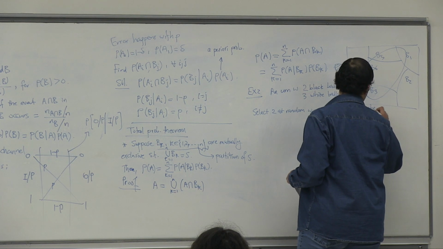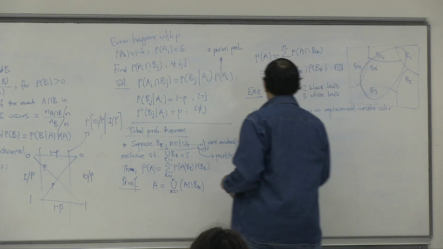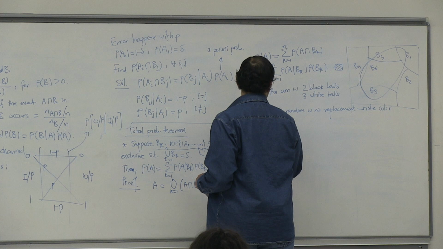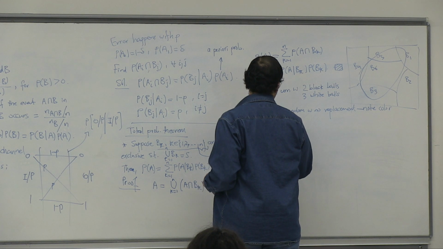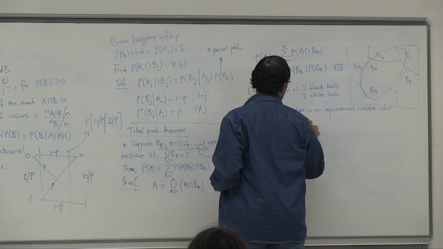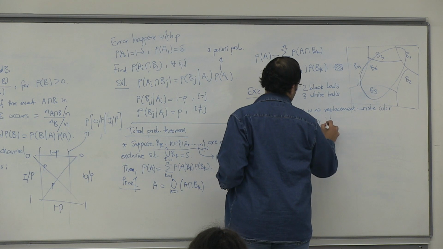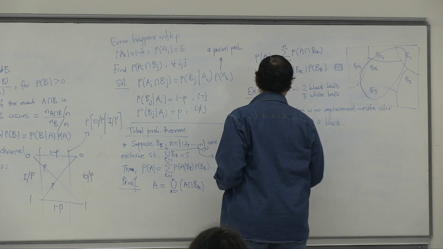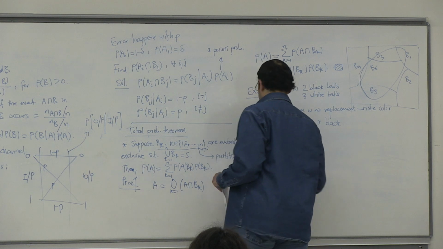Find the probability of B2, the second is black. How could we do something like that?